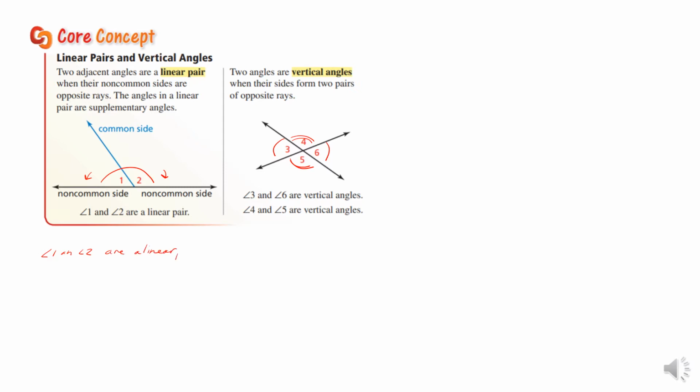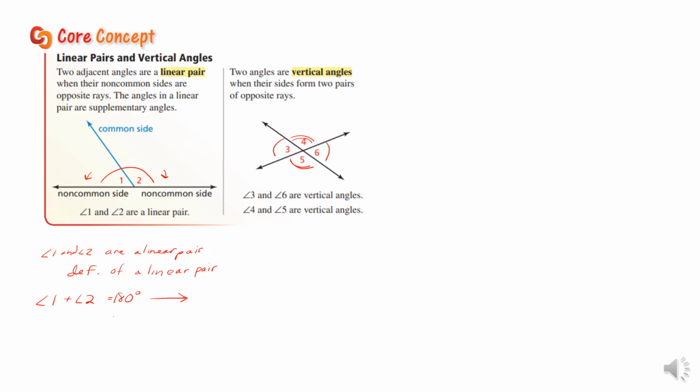And the reason would be definition of a linear pair. And I can see that they're a linear pair. They create a line. Then I could say angle 1 plus angle 2 equals 180 degrees. And I would use the proof that I'm going to learn in a little bit to state that.